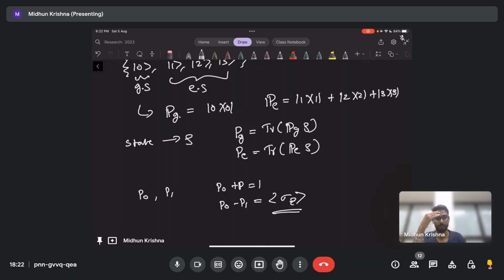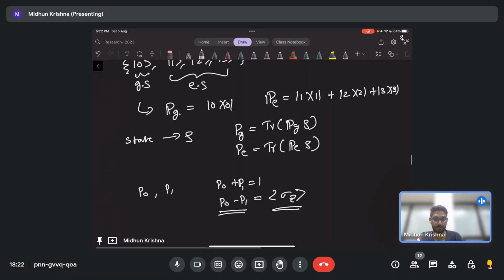So what I want to know is the probability to be in the zero state or the one state. Mathematically you can use this projection operator idea. But how do you do it experimentally? What you do is find the expectation of the sigma z operator, and it will be P0 minus P1. P0 is the probability to be in the zero state, and P1 is the probability to be in the one state. I also know P0 plus P1 is 1.